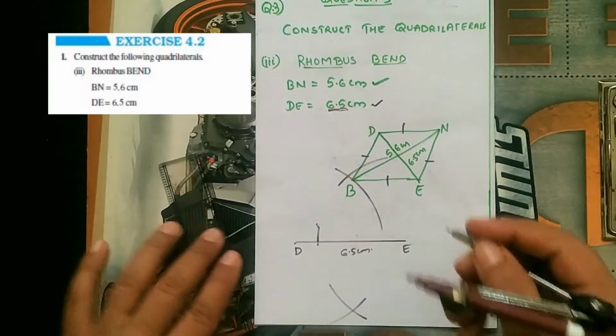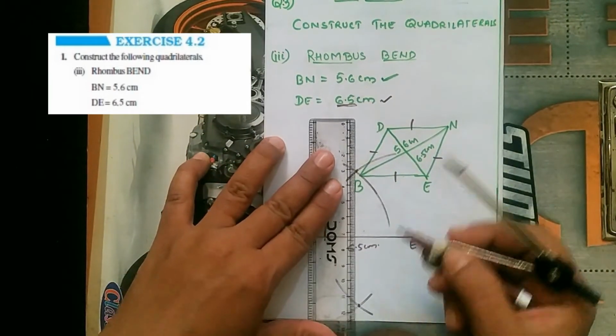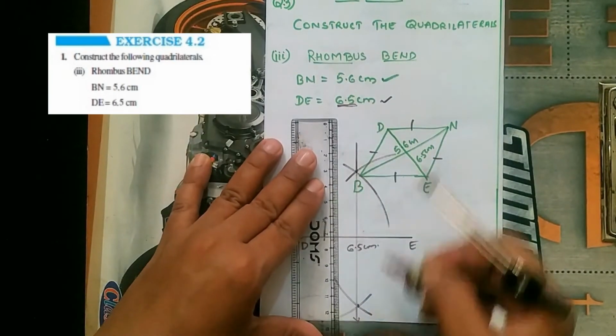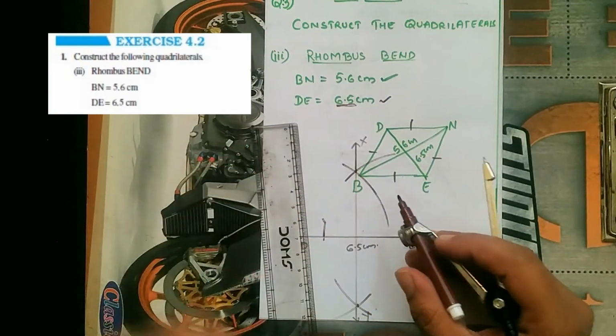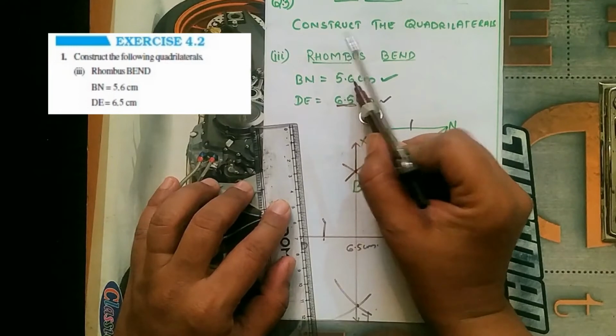You have got 2 intersecting points, this and this. Join these points and you will get another line XY, and in this XY only you will get the other diagonal. Our other diagonal is 5.6.